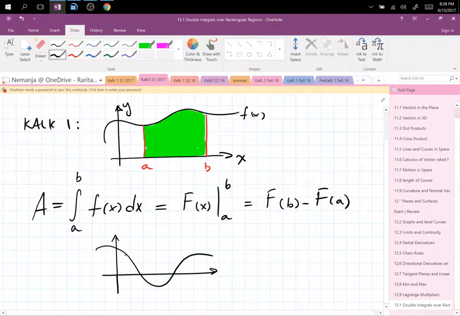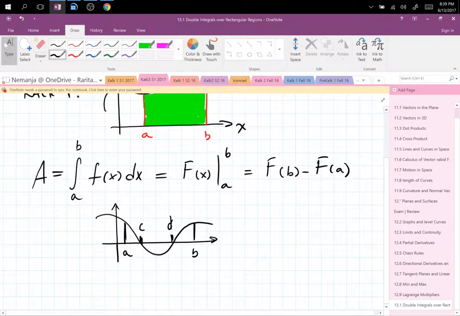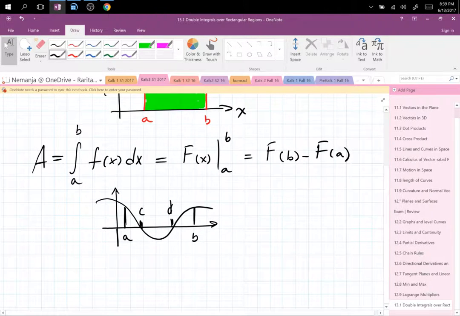So if I want to compute from A to B now, I have this piece C to D, which has to be calculated using absolute value, because that will give us a negative number. So figuring out the area is not just computing a definite integral. You have to be careful whether the function dips below the x-axis or not.